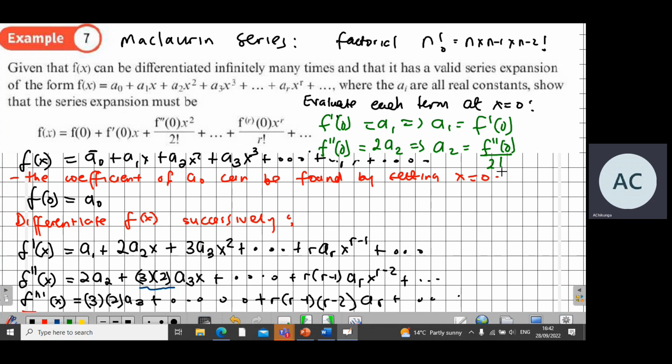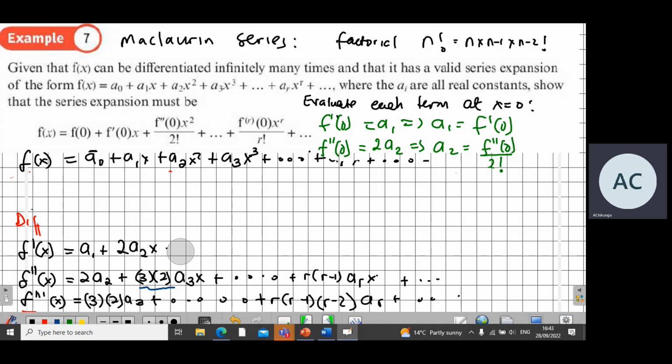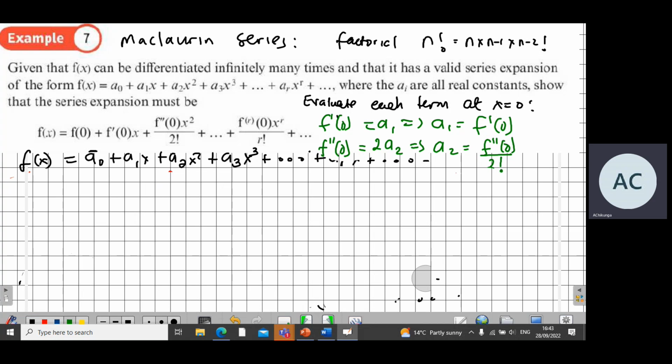But my 2, I want to write it as 2 factorial. Then f triple prime of 0 becomes 3 factorial a3.